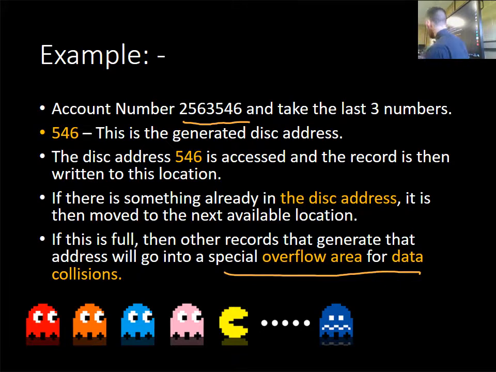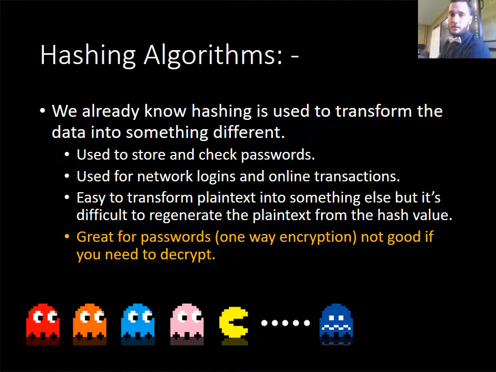Now, hashing algorithms tend to be used for passwords. The reason for that is because, say for example, I create my user account. I'll create that password, but what happens is the password isn't stored on the network or any server. The hashing is.